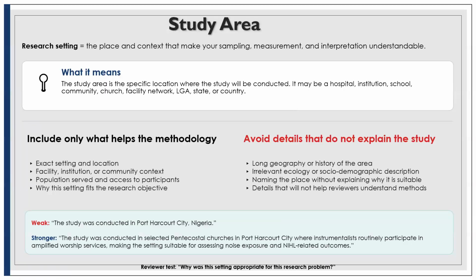So in your methodology, like I said, you have different aspects, and it usually starts with the study area. Sometimes it is called your research setting, which is the place and context that make your sampling, measurement, and interpretation understandable.